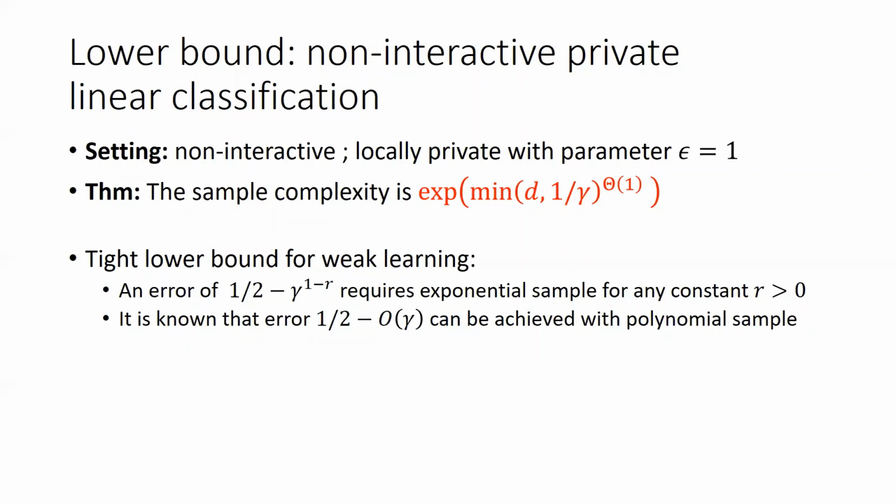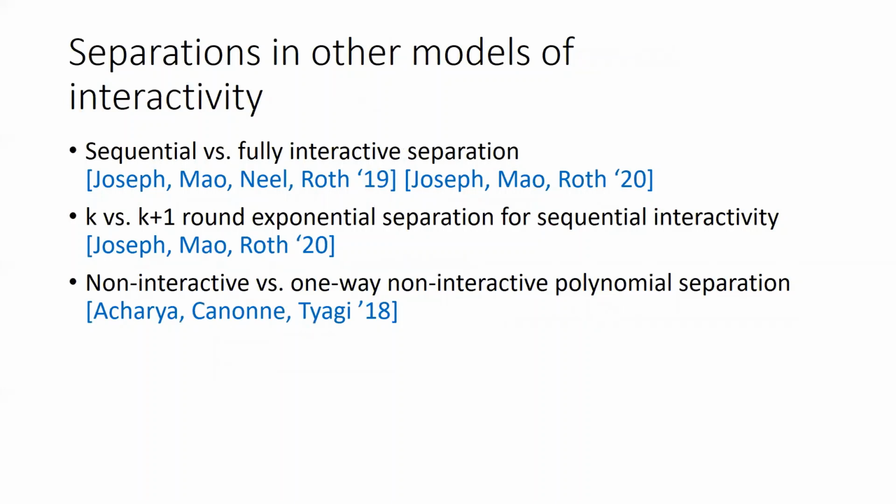This will actually hold for any algorithm that is slightly better than a random guess. And also, there's a nearly tight upper bound. Before moving to the proof, I'd just like to say that there are other models of interactivity and interesting separations between them.